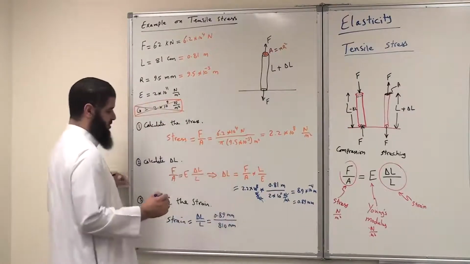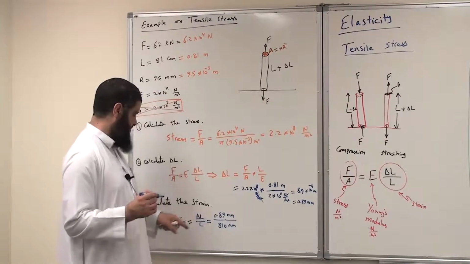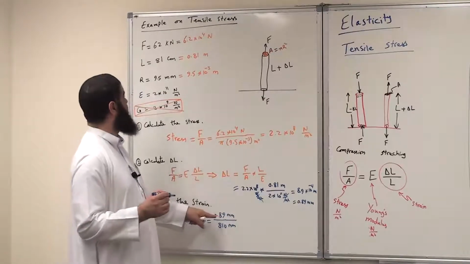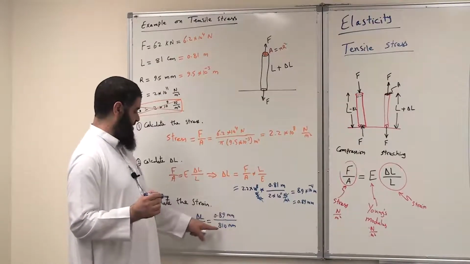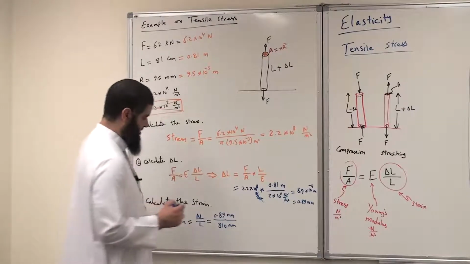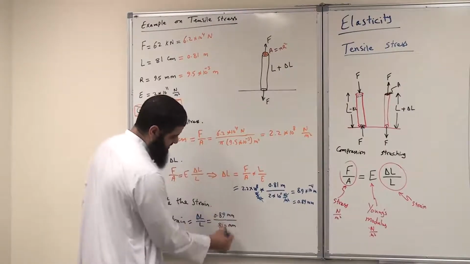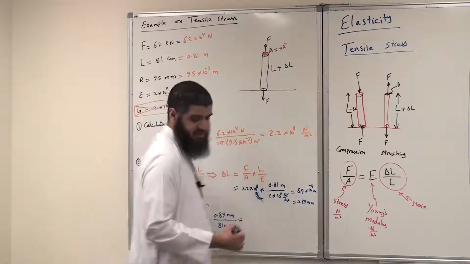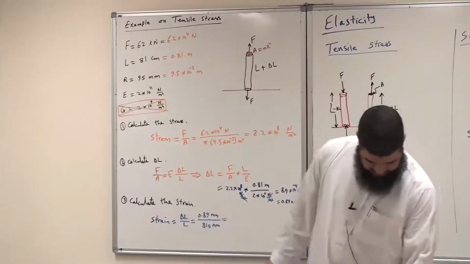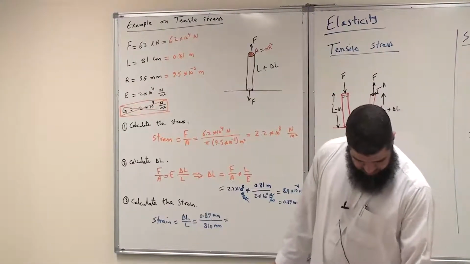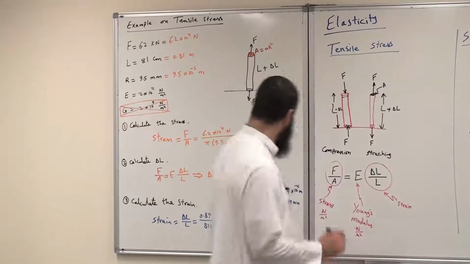It should be the same unit, or you write it in meter, such that you can get the correct answer. So this will be 1.1 times 10 to the minus 3.